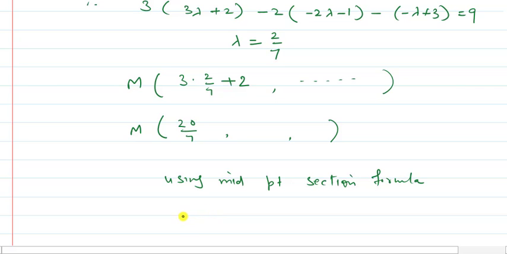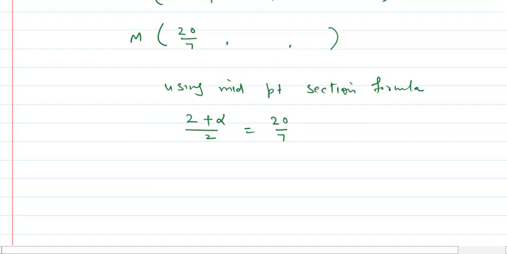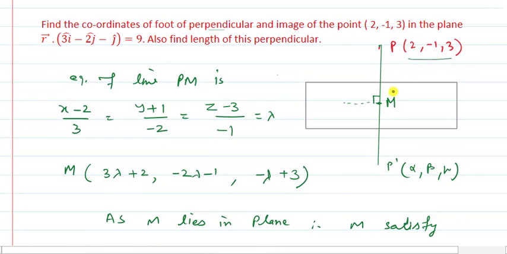It is 2 plus alpha upon 2 is equal to 20 by 7, and by solving this you will get alpha is equal to 26 by 7. So this is the first coordinate, that is the x coordinate of the image. Similarly, you can find the other two coordinates beta and gamma. Now the third thing, as I told you, the PM distance can be calculated by using the distance formula, which you know very well. So in this way, you can find all the three things which are asked in the question.